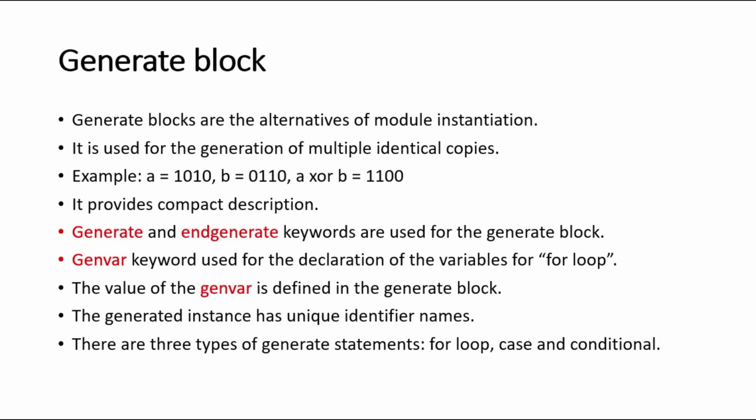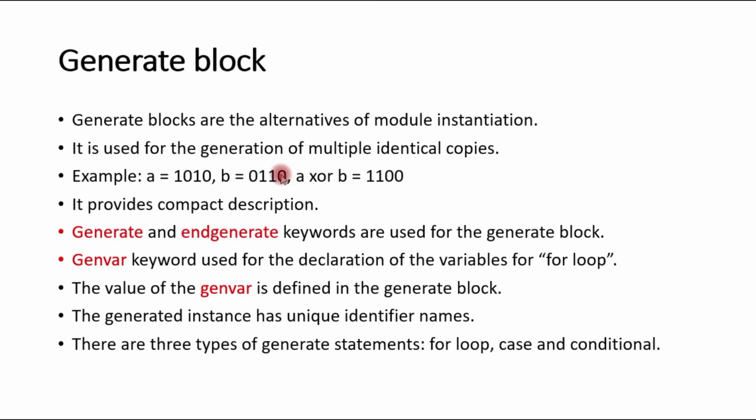For example, two inputs A and B are given as 4-bit numbers. A is 1010, B is 0110, and an XOR operation is required here. Then A XOR B is 1100. It means we are using a bitwise operation here, and the operation starts from the least significant bit of both numbers.